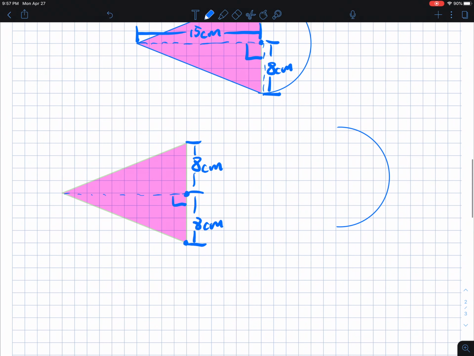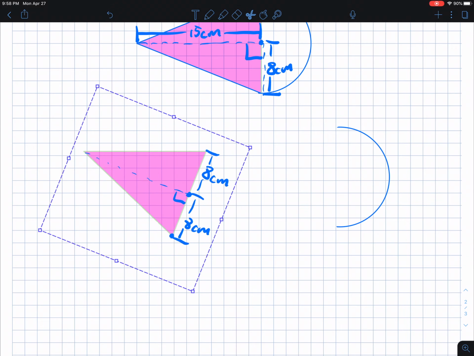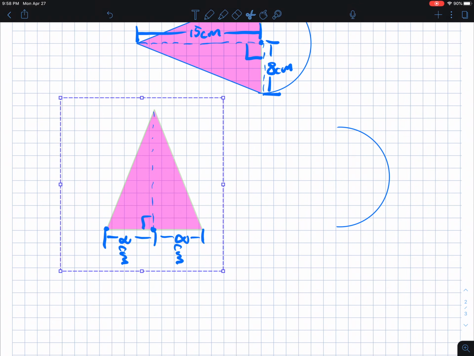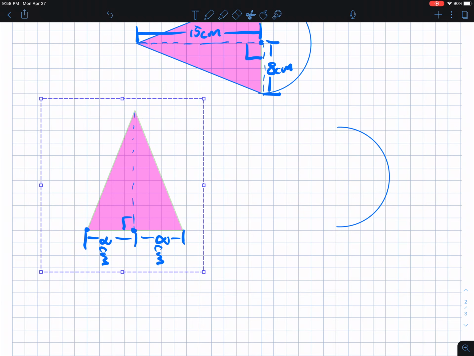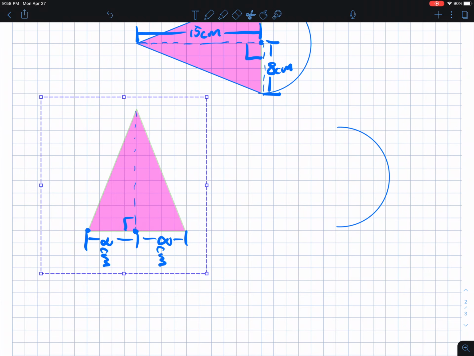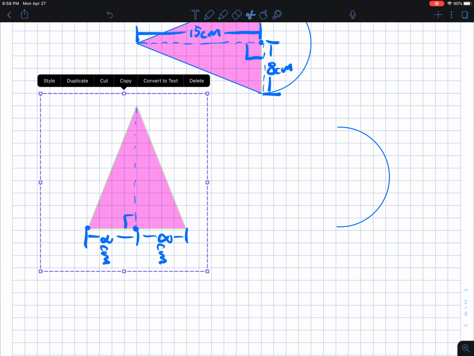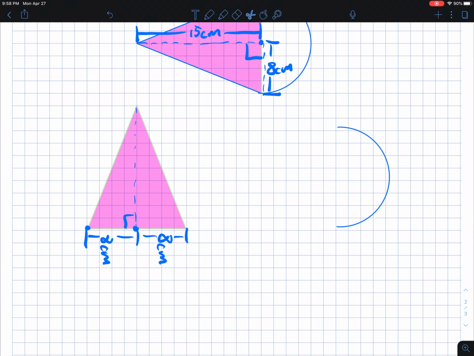Okay. So I'm going to take this triangle and rotate it, just to stand it up. And so the height, or the altitude, is 15 centimeters from here to here.